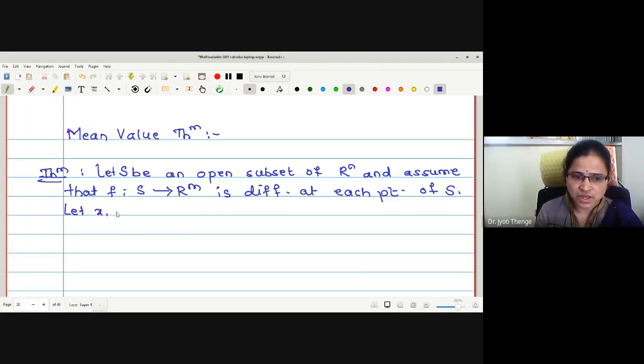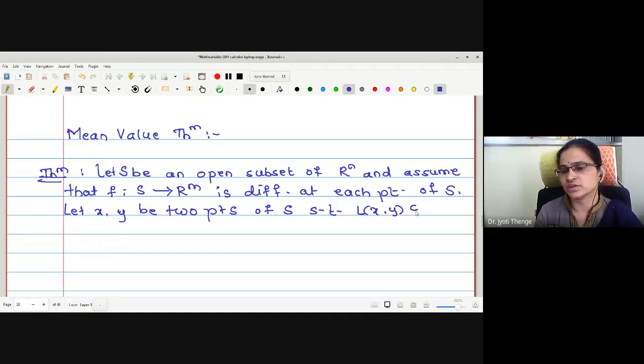Let x, y be 2 points of S such that the line segment joining x and y is contained in S.